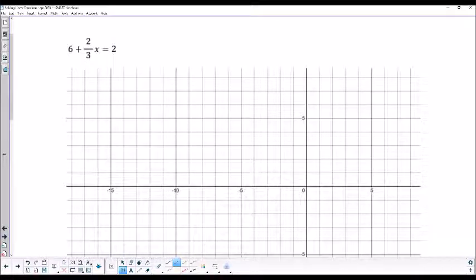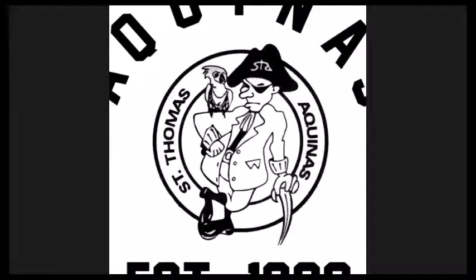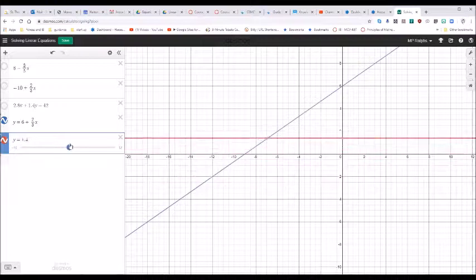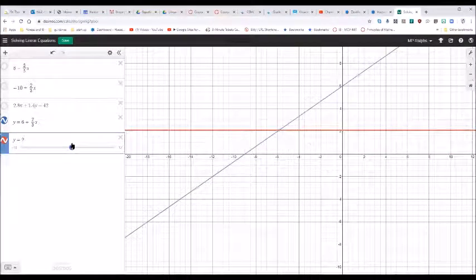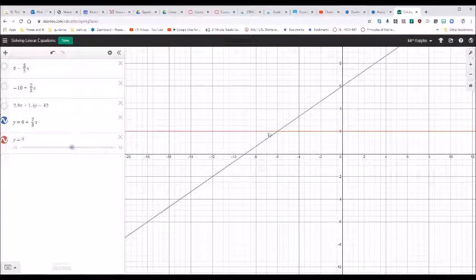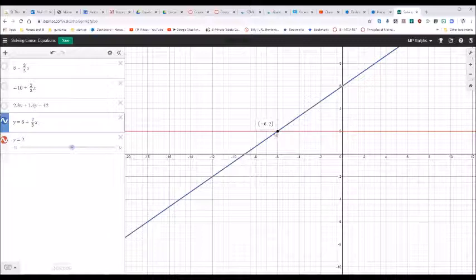So I'll go back to Desmos to help us out here. I just try to get this right on. There we go. When y equals 2, the point of intersection is at x equals -6.